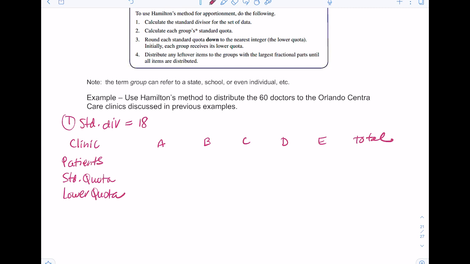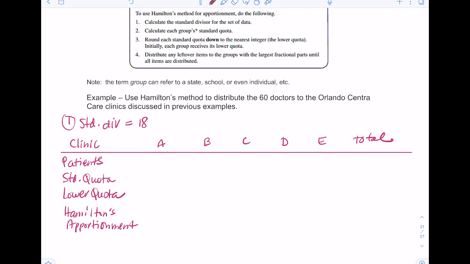And then we've got a final row for Hamilton's apportionment. So using that method, how many doctors will be assigned to each clinic? Okay, so patients we can just copy from the above table.